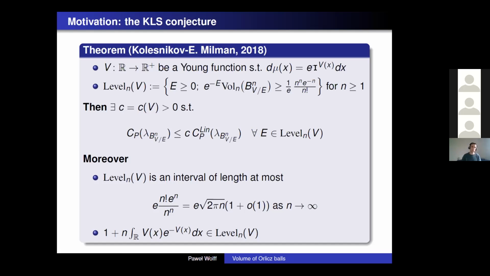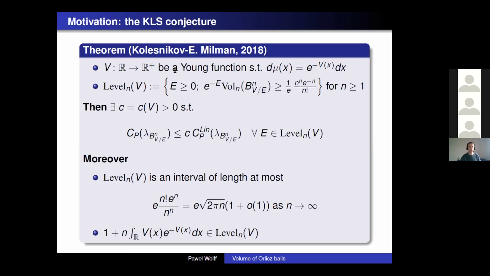We want to scale this Young function V in the domain so that this is actually a probability measure. I haven't stated that, but we want this measure to be a probability measure. So we need to take some scaling of the function V to have that.